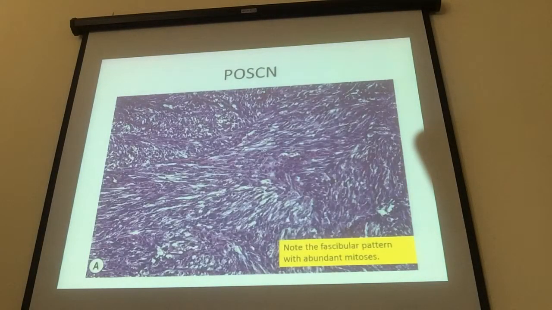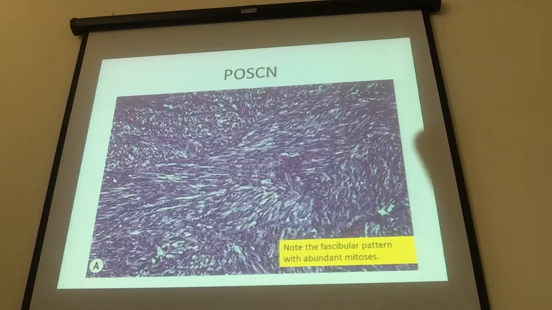So here is the typical appearance. You see it's very blue, it's very cellular. You would look at this and think, wow, sarcoma or something concerning like that. And it has this very fascicular type of pattern with lots of mitoses, but no atypical mitoses.